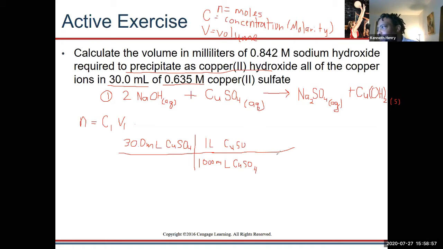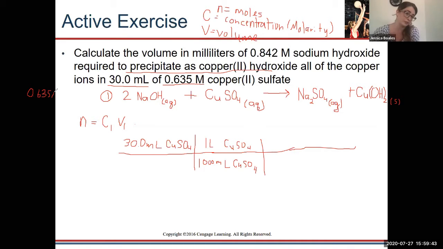Although we have to take the units into consideration, sort of. Okay, so what is 0.635 molar? How would I write that in terms of moles over liters? Because molarity means, what are the units for molarity? What does it really mean for us? Moles over liters, right? So that means on top I have how many moles, and on the bottom how many liters?